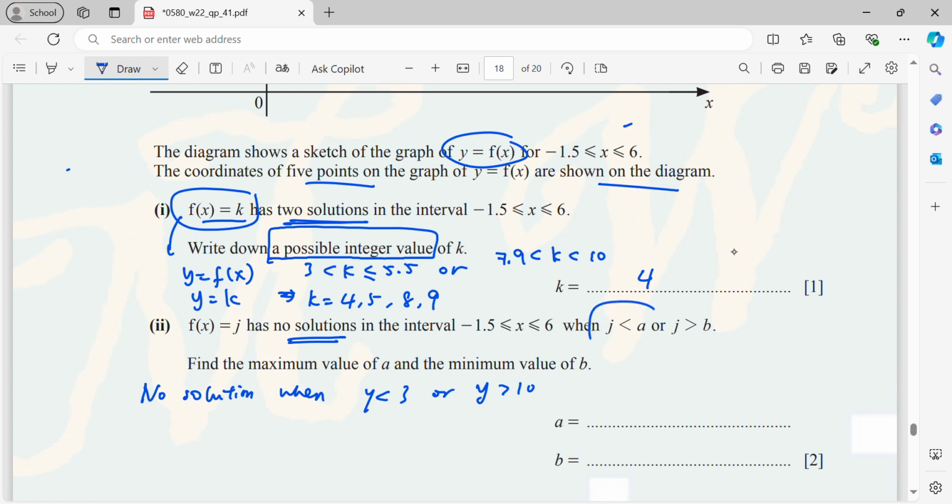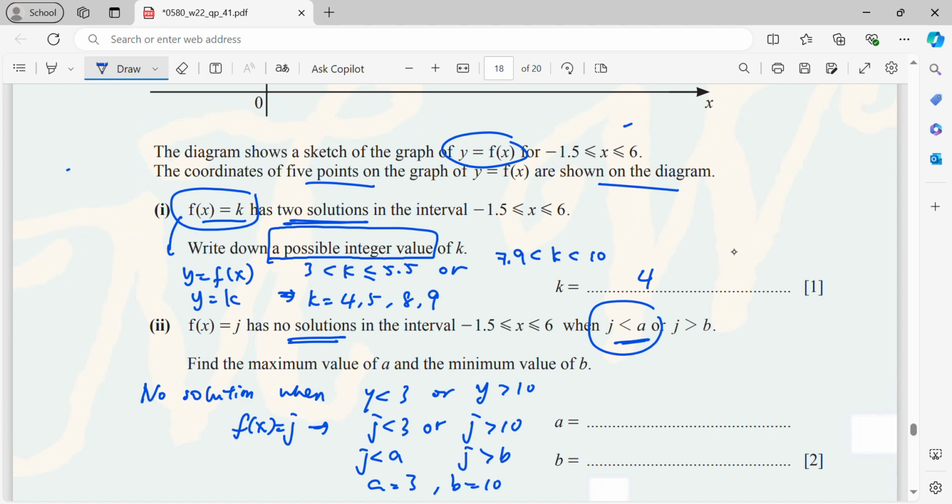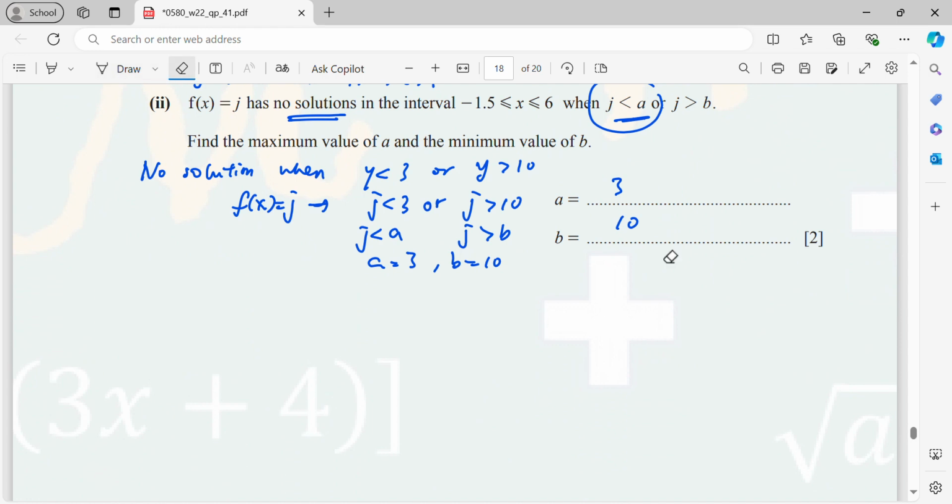Now because f(x) is j, that means j is less than 3 or j is greater than 10. So when you compare with the given interval, j less than a or j greater than b, obviously your a is 3 and b is 10. So that's the solution of this question.